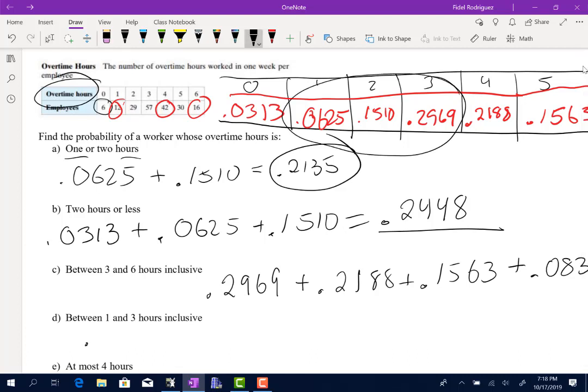So we're going to take 0.0625 plus 0.1510 plus 0.2969. How much? That's too much. 0.5104. There you go.